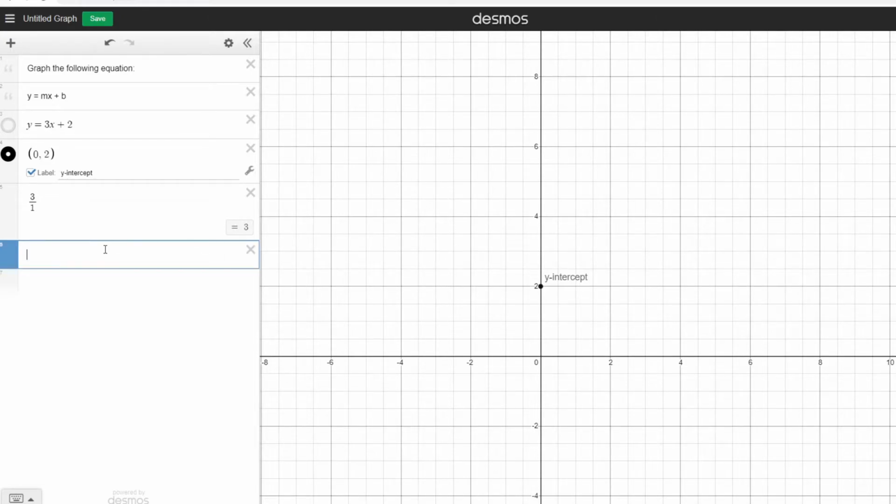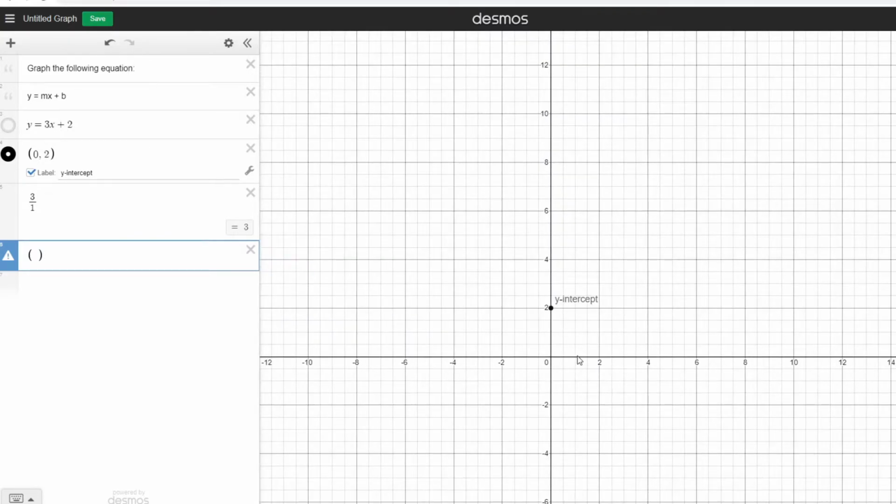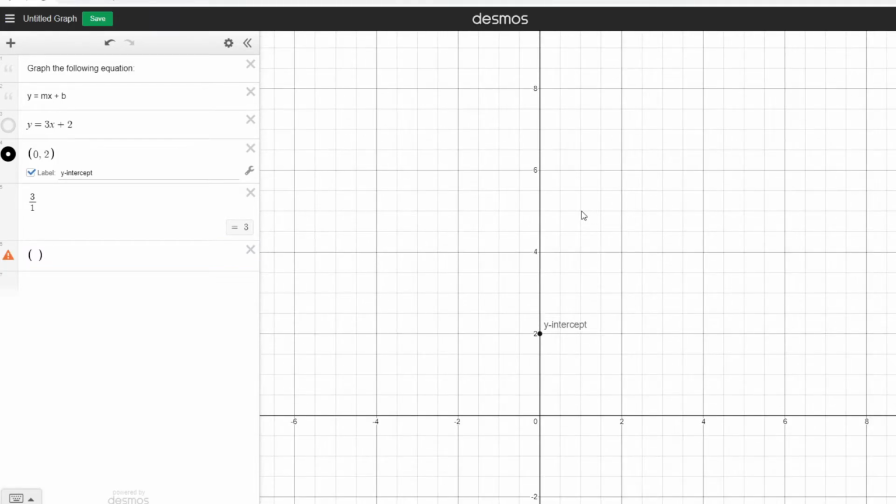So let's start plotting those. If we go up 3 and over 1, this would be our point, which would be (1, 5).